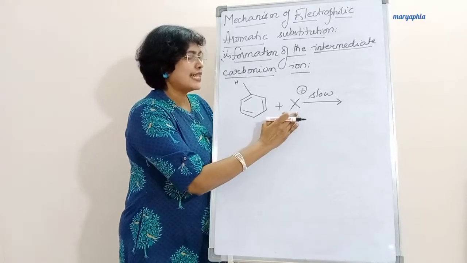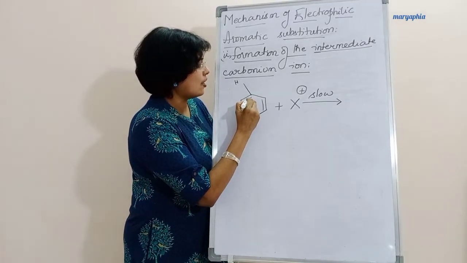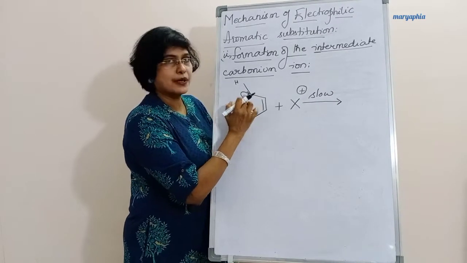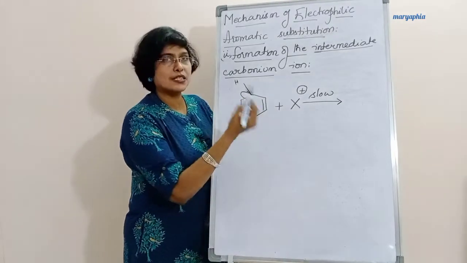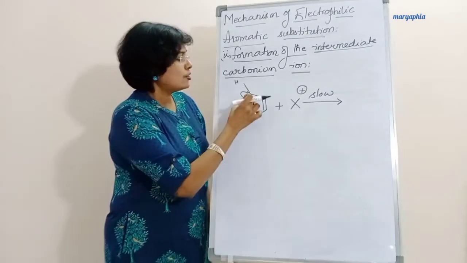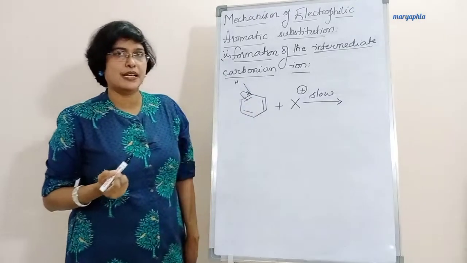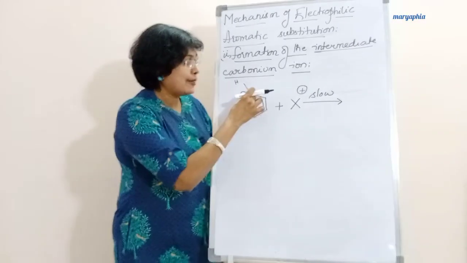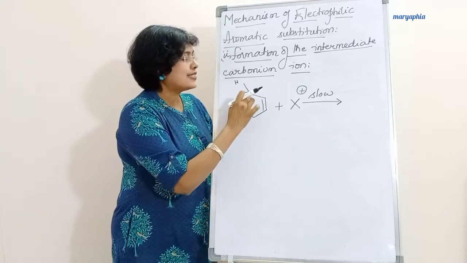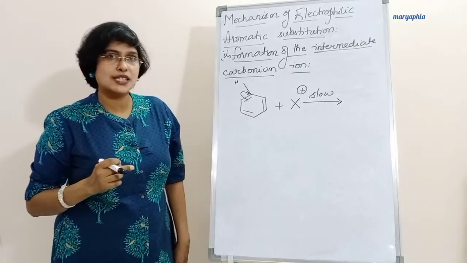Now, as X plus comes towards the benzene nucleus, one of the pi electrons moves towards this carbon. Suppose we number the carbons 1, 2, 3, 4, 5 and 6. These pi electrons will be shifted towards the first carbon, so now there is no pi bond here. 2 electrons shifted towards this carbon, which means this carbon gets a negative charge and this carbon gets a positive charge.